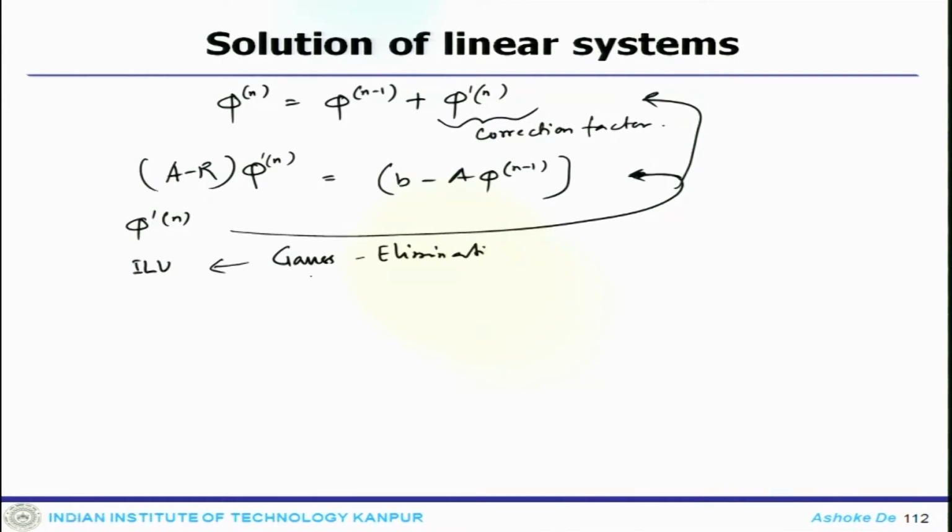So, you see what we have discussed for the direct methods, like Gauss elimination or the LU factorization, are now coming back under the discussion of the iterative process, and they play a critical role here, because once you try to do ILU factorization, you can use the Gauss elimination process.